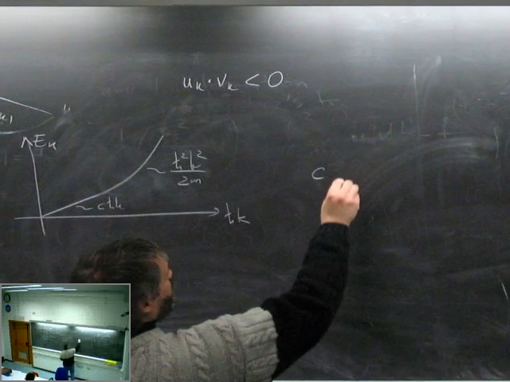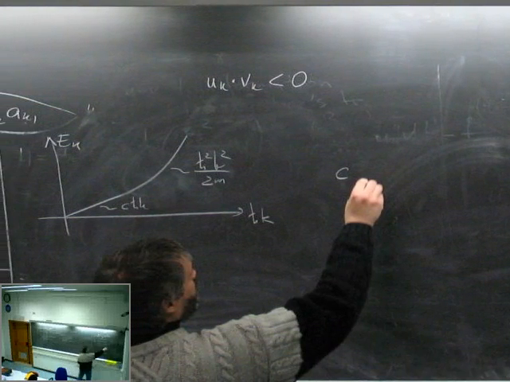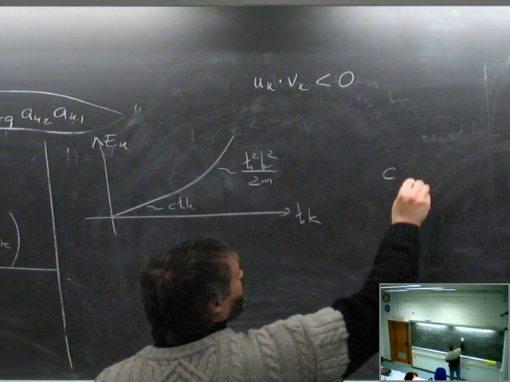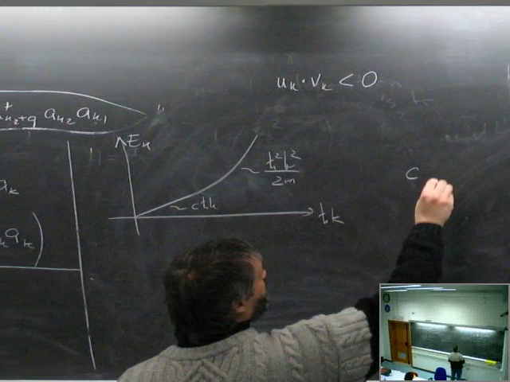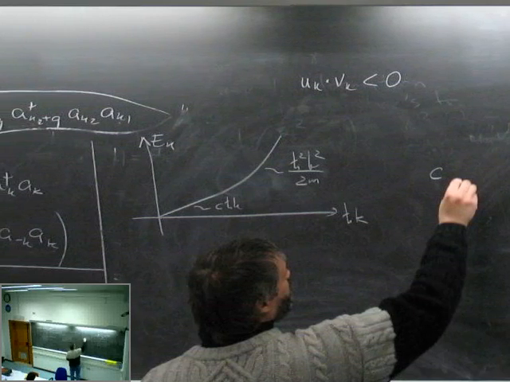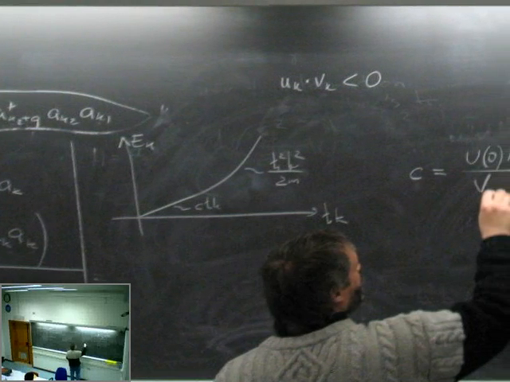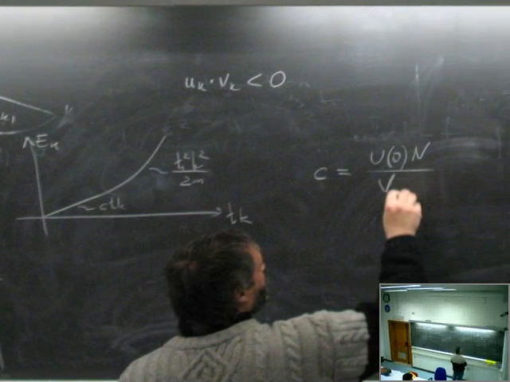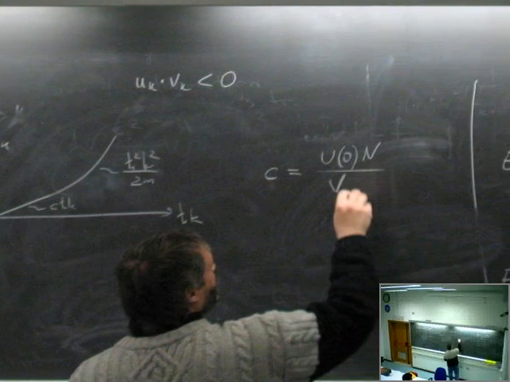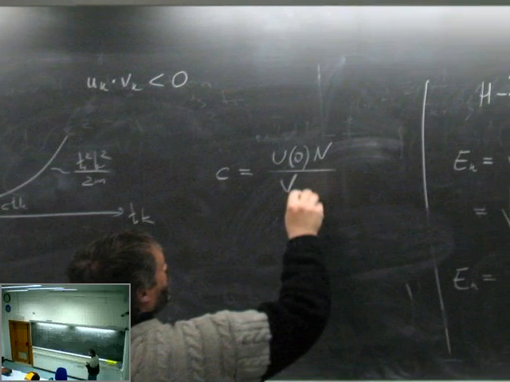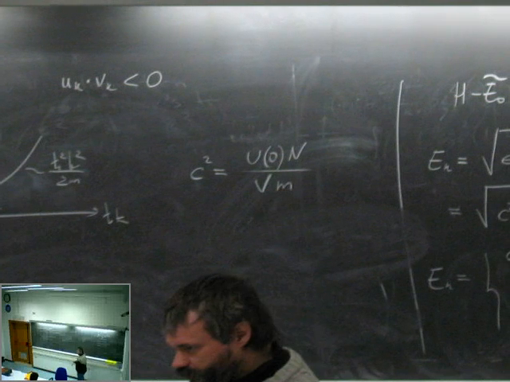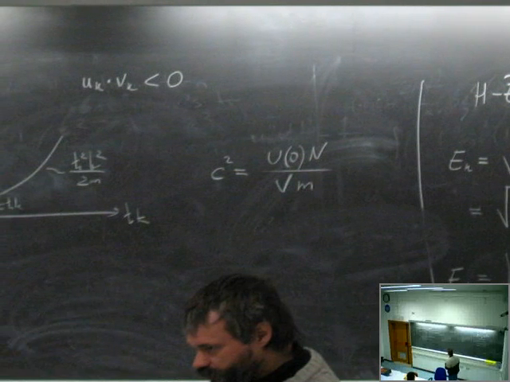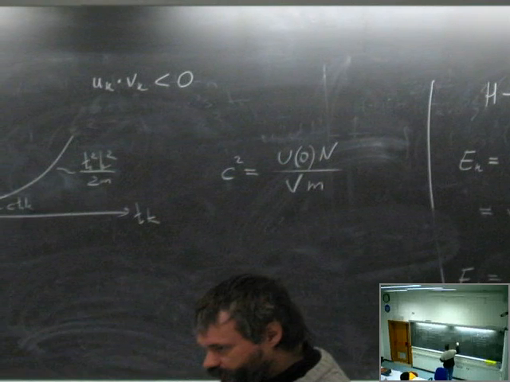So now c, this velocity, is everything standing here. So this is u. Now let me put u equal to 4 pi a h squared over m, n over V times m. And I have to say that this is a square root. This is c squared. For the moment, non-weakly interacting particles with a short range interaction. Short range.